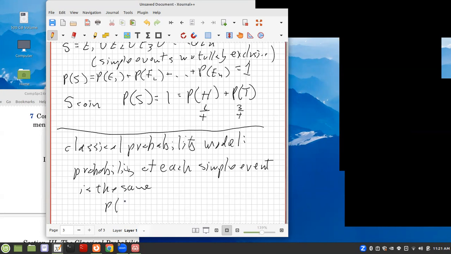So P of E1 equals P of E2 equals P of E3, where these are the simple events, equals P of En.